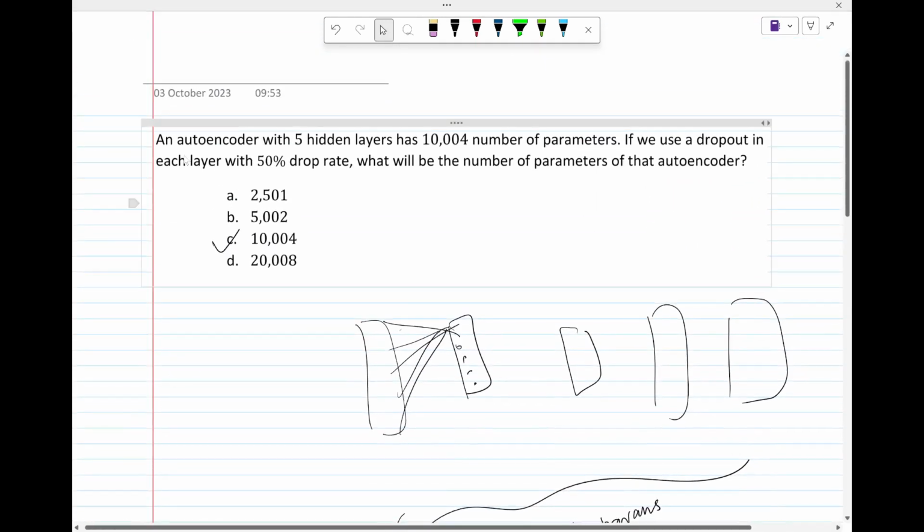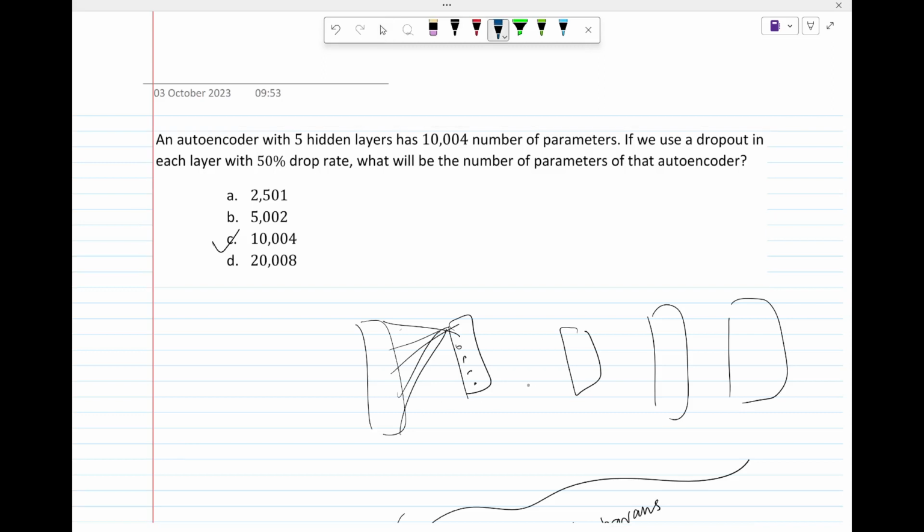So here an autoencoder with 5 hidden layers has 10,004 parameters. The original network has 10,004 parameters. This is a 5 layer autoencoder, and the total number of connections will have some 10,004 parameters.